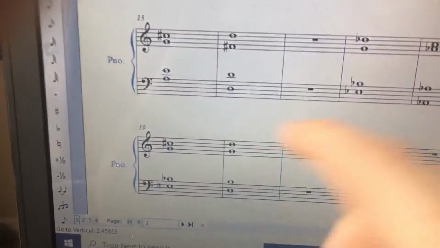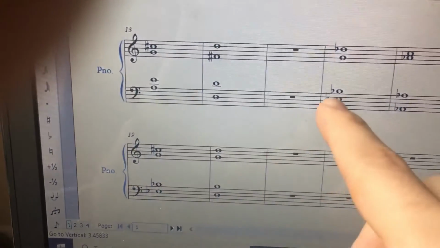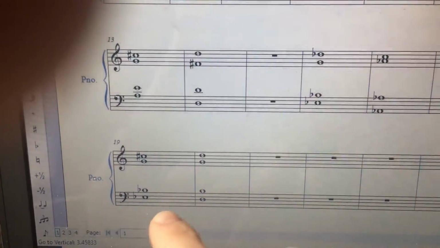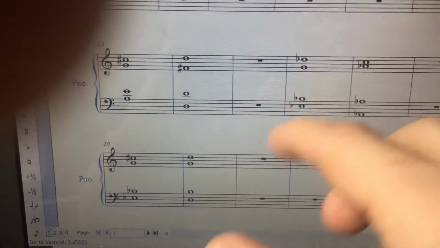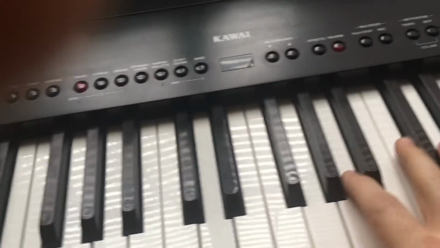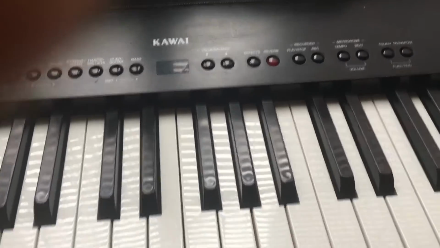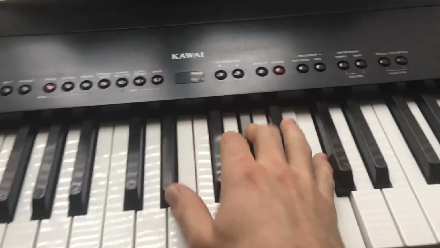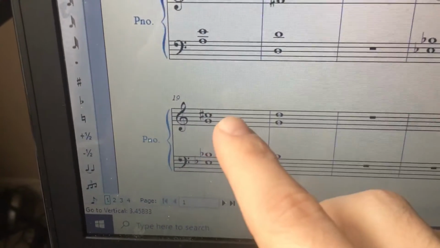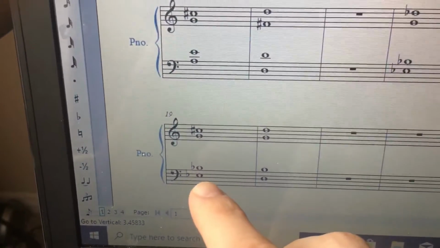So if you look here, these are the same keys. E flat, B flat, G, C sharp, and E flat, B flat, G, D flat. So if you press those on the piano, they'd be the same keys, but like we just saw, when it's the D flat, we want to go here. But if it's a C sharp, now, since it's a C sharp, it's not a seventh from an E flat anymore.